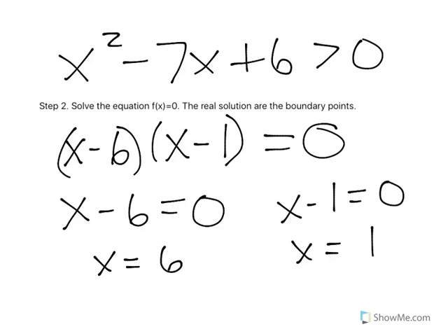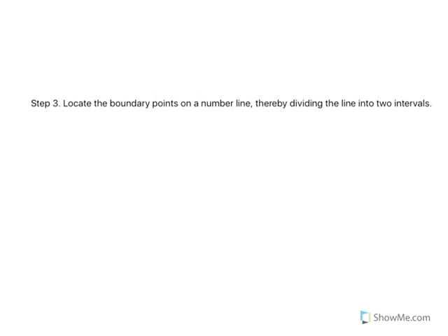So the x-intercepts of f are 6 and 1. We'll use these x-intercepts as boundary points on the number line, which is the next step. So here we go for our number line. Let's draw our number line.